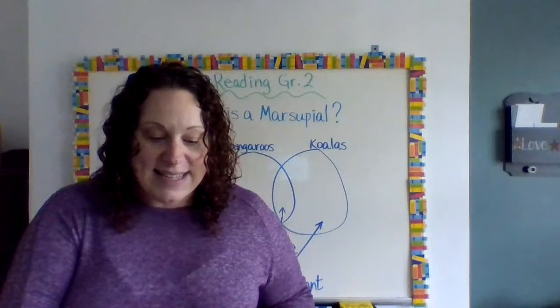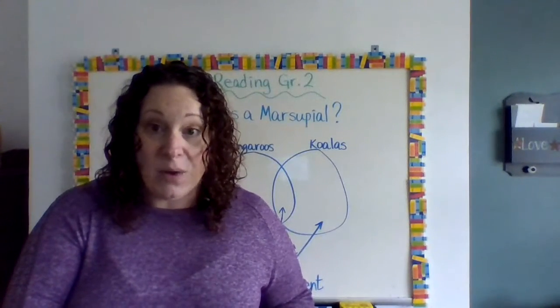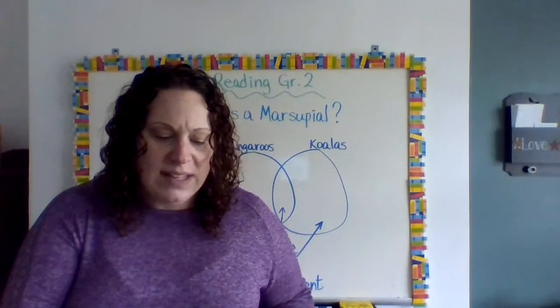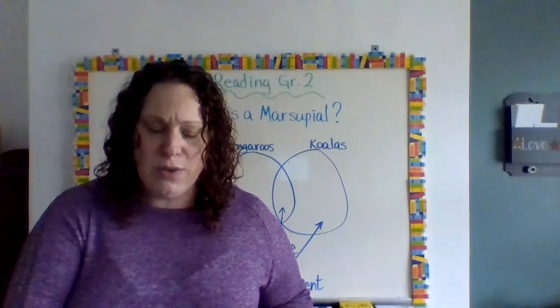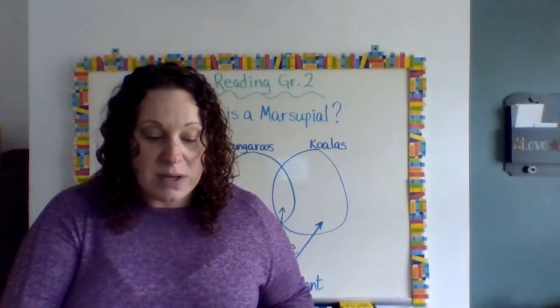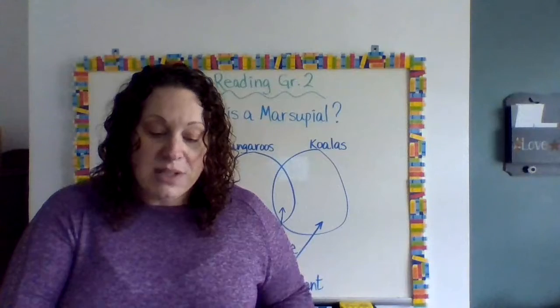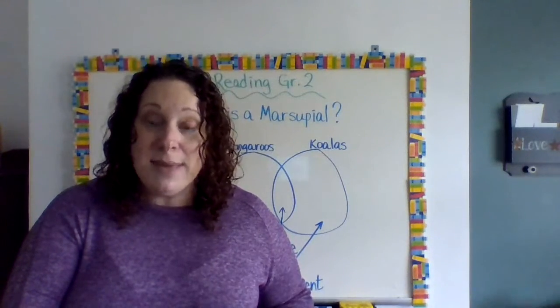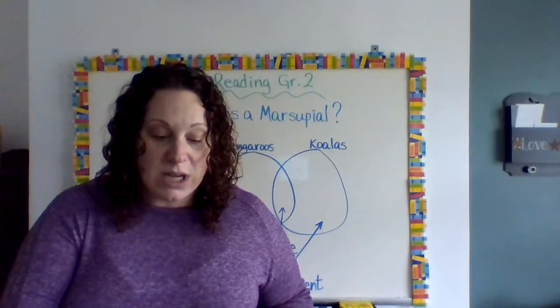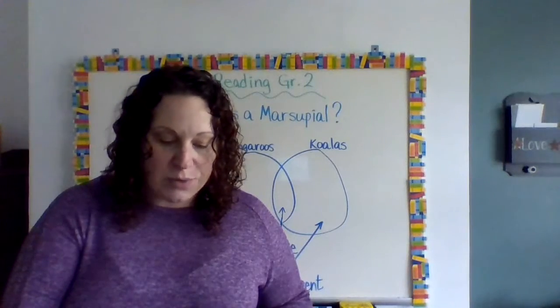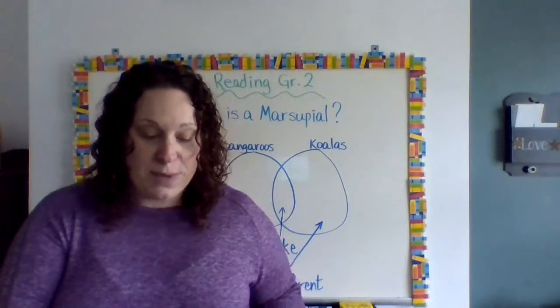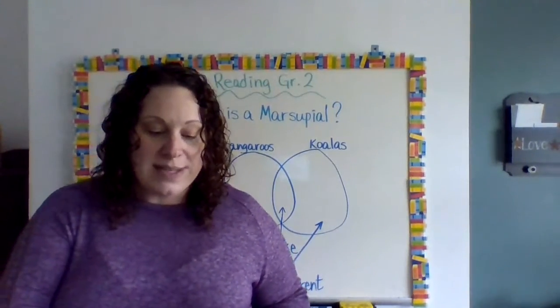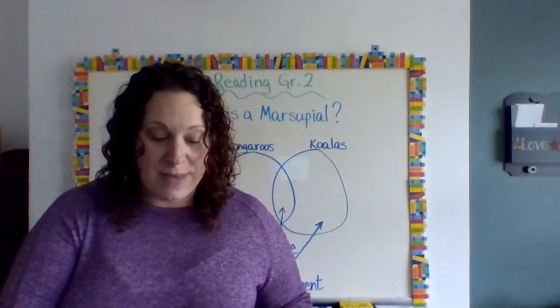A bass is a fish. An owl is a bird. But what kind of animal is a marsupial? A marsupial is a mammal. Mammals have fur and feed their babies milk. Cows, dogs, and bears are mammals, but they are not marsupials. A marsupial is a special kind of mammal.